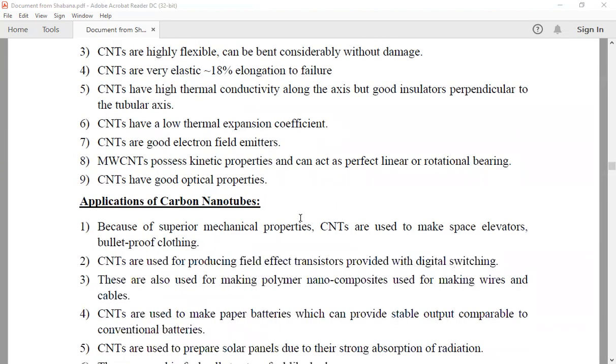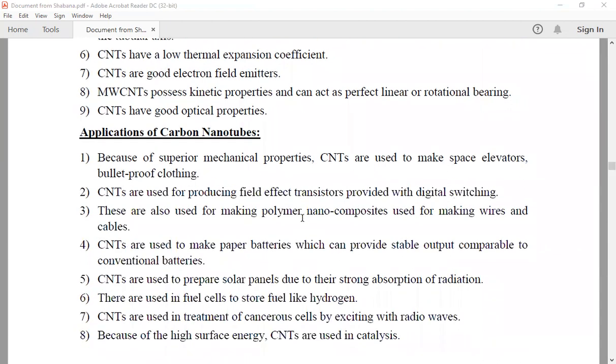Coming to the applications of carbon nanotubes. Because of their superior magnetic and mechanical properties, carbon nanotubes are used to make space elevators and bulletproof clothing.